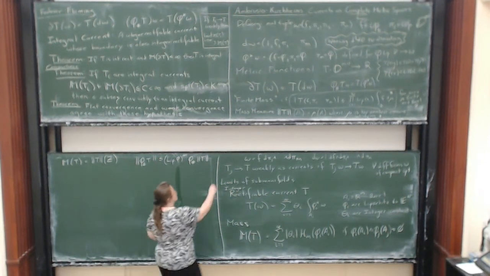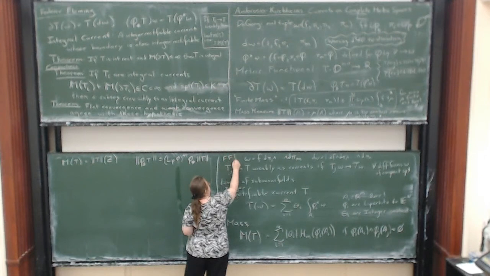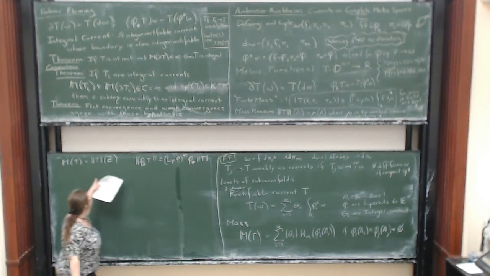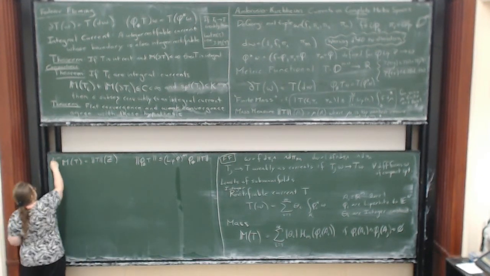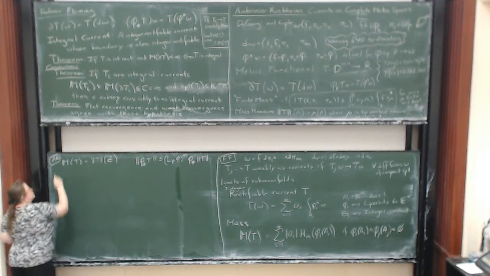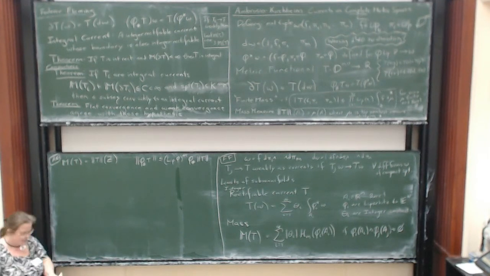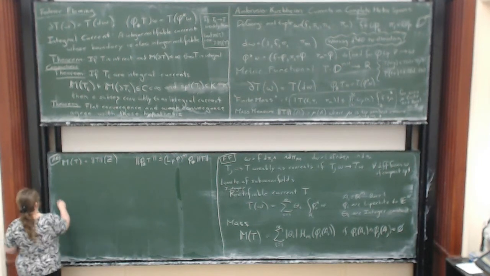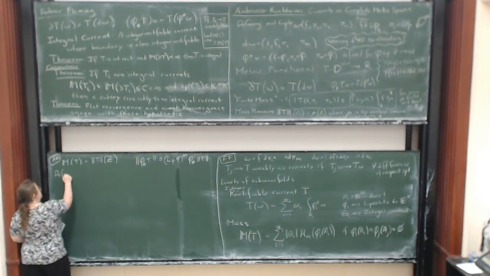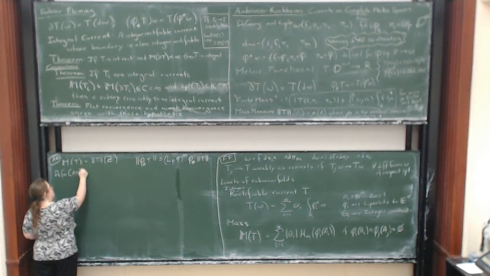All right, this side of the board is still Federer-Fleming. This side of the board is Ambrosio-Kirchheim. We still haven't gotten it to the stage where we have this T that's actually a current acting on forms. So now we're going to use the definition from Ambrosio-Kirchheim, definition AK of a current.